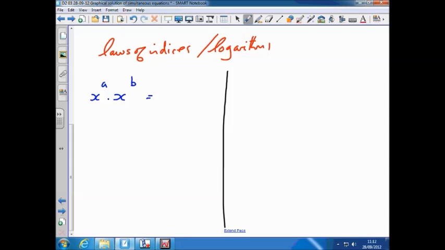That becomes x to the a plus b. Because logarithms are powers, we say that the logarithm of a times b is the same as the logarithm of a plus the logarithm of b.